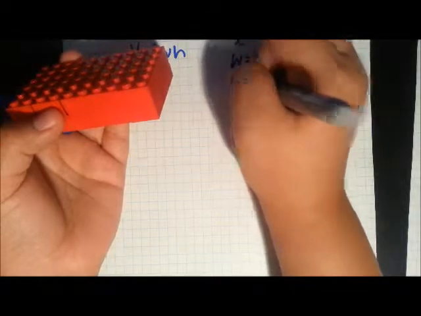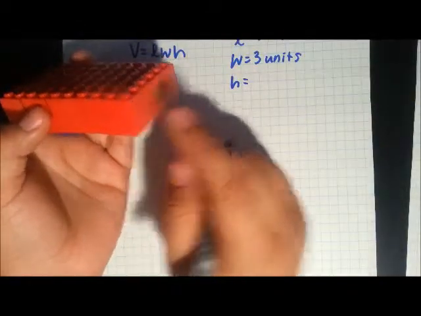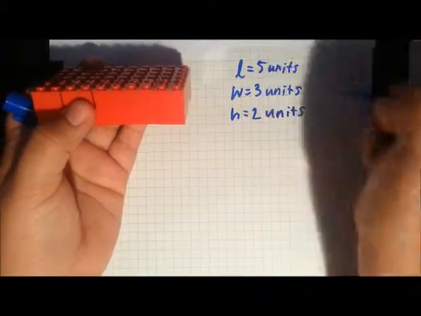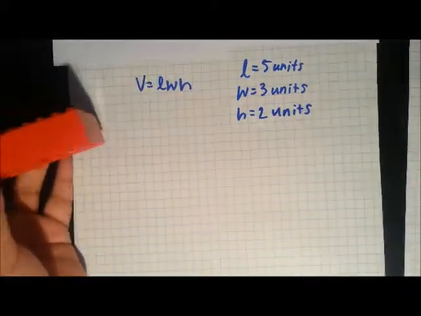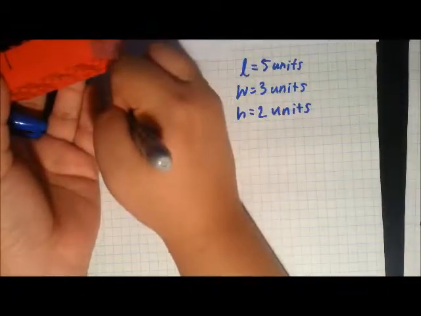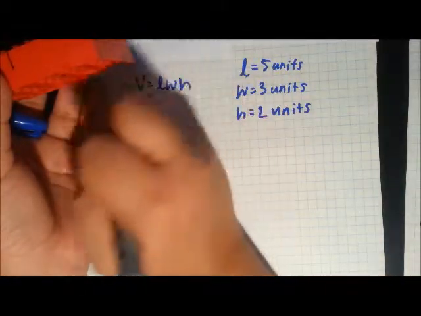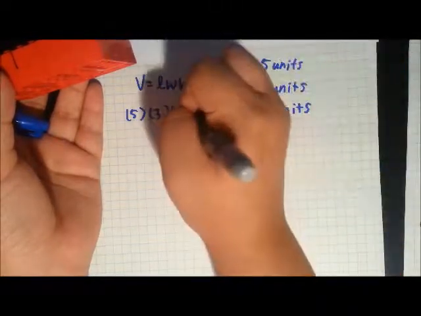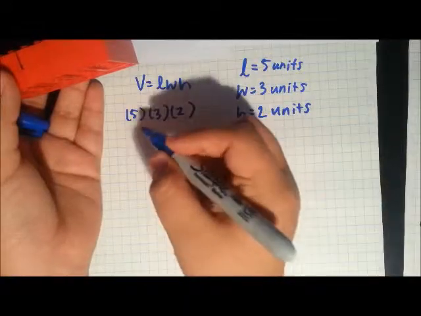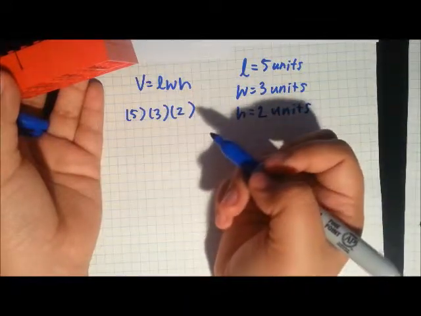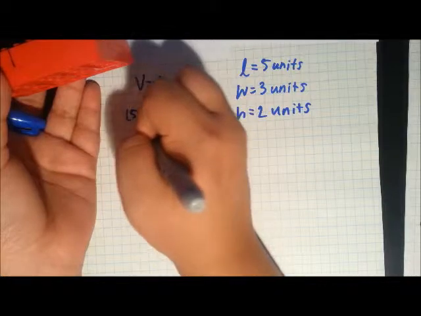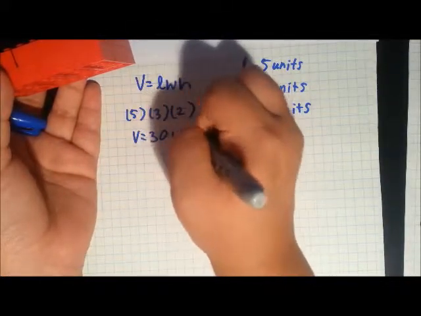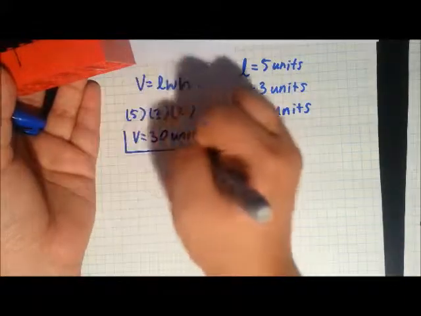And the height is 1, 2 units. So to plug that into our equation, length is 5 times width is 3, height is 2. So 5 times 3 is 15, 15 times 2 is 30. So volume is equal to 30 units cubed.